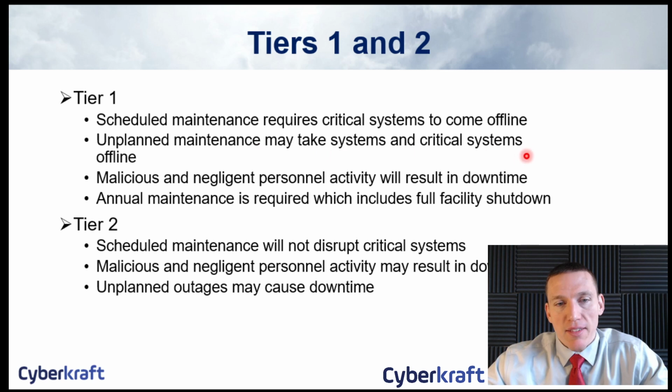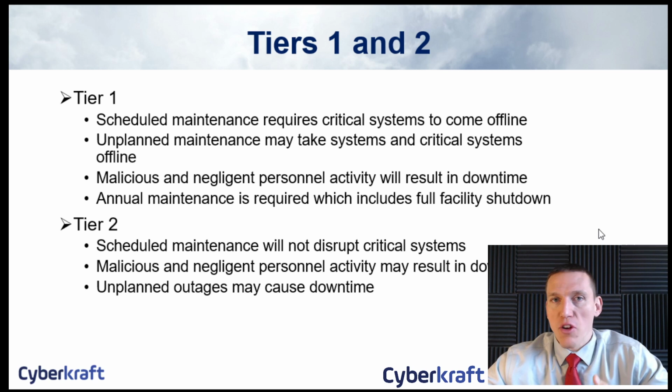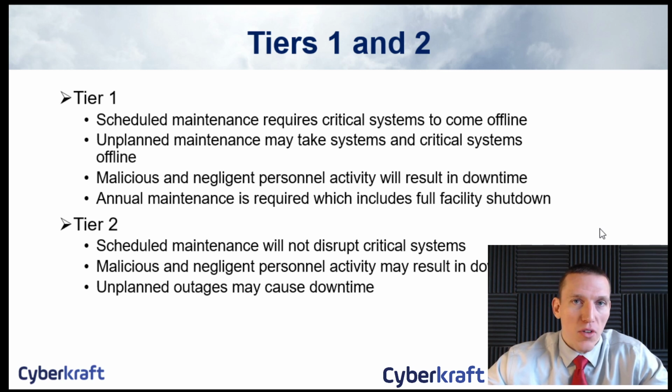Unplanned maintenance may take regular systems and critical systems offline. So critical systems will definitely come offline there, and it may take regular systems offline. And then annual maintenance is required, which includes a full facility shutdown. So clearly a tier 1 data center is not going to come anywhere close to that 5 nines we talked about, the level of uptime.